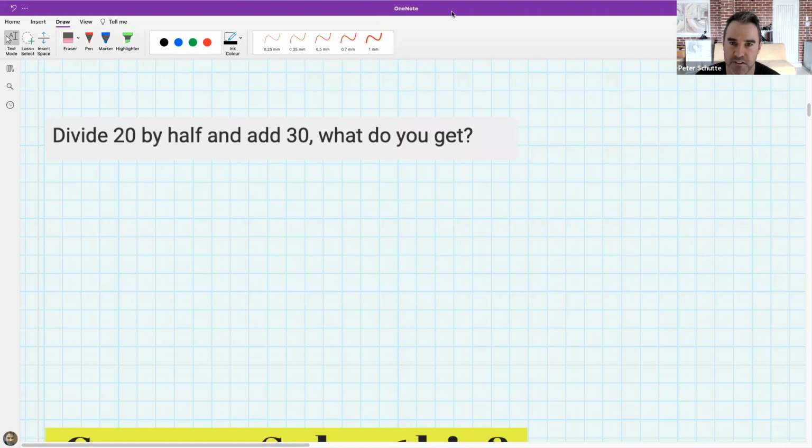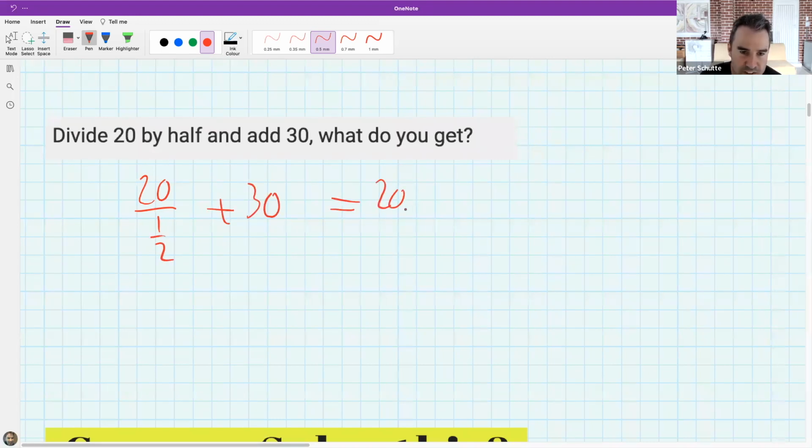Okay, what are my answers coming through here? So we have 70 as it seems to be. Let's see if I agree. So 20 divided by a half and add 30. What I was hoping to trick some of you with is that dividing by a half is the same as timesing by 2/1. But it doesn't seem like I caught many of you today.